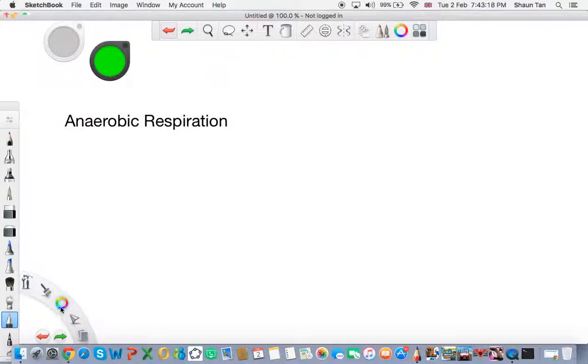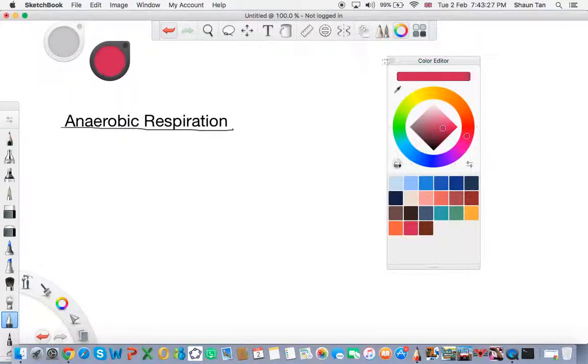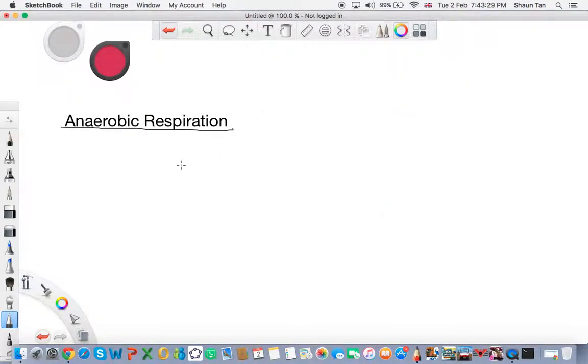First up, the chemical formula is C6H12O6, which I think you should know, is the chemical formula for glucose.